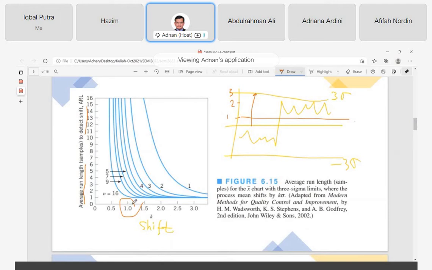So in here, if the shift is 1, let me see. I think this example is showing how quick it is, in terms of K sigma, where K is this number. K equal to 3, K equal to 2.5, K equal to 2, K equal to 1.5, K equal to 1, and so on. So this is the average run length.